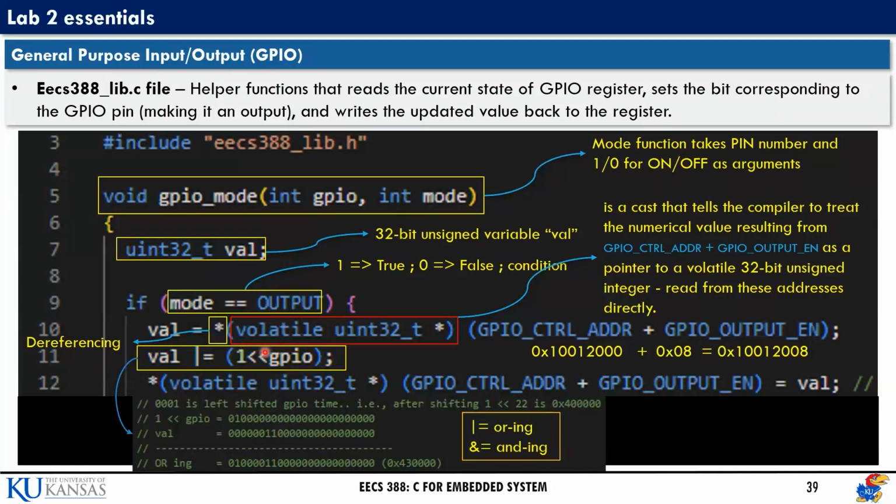And then this OR sign here. After shifting this value, we are ORing with whatever value we currently have in the val variable. In the val variable, we have the register value of this address, and for example, let's say that is 000011 and all the way to 0. And we're doing an OR operation. This sign equal means we are doing a bitwise OR operation. In the bitwise OR operation, if there is a 1, we will get 1.